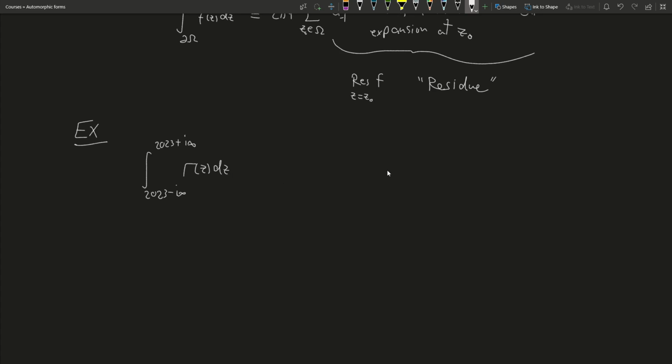And here, as a reminder, the gamma function at z is defined to be the integral from 0 to infinity of e to the minus x, x to the z dx over x. And this is a meromorphic function, and it has poles at the non-positive integers and nowhere else.